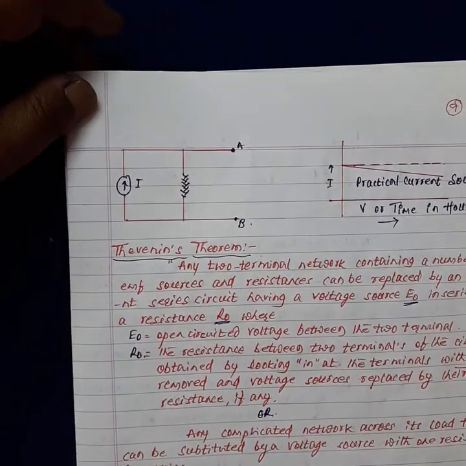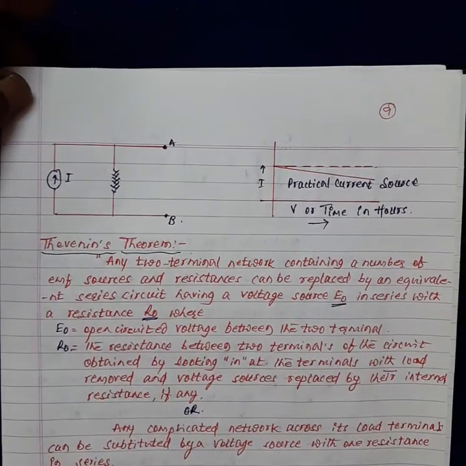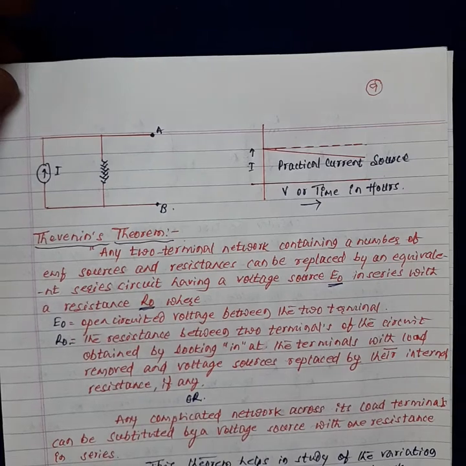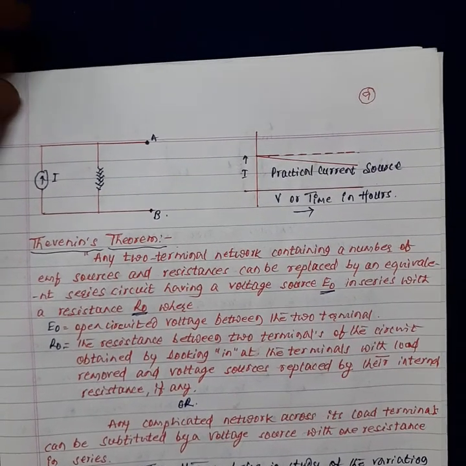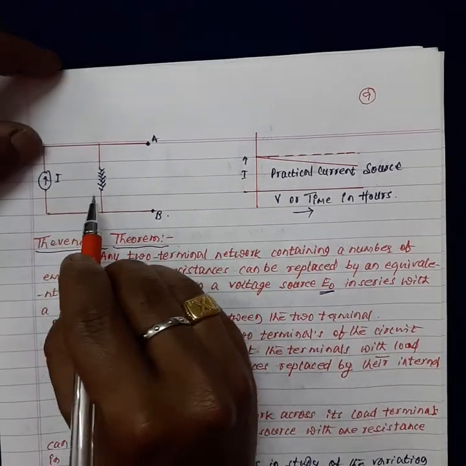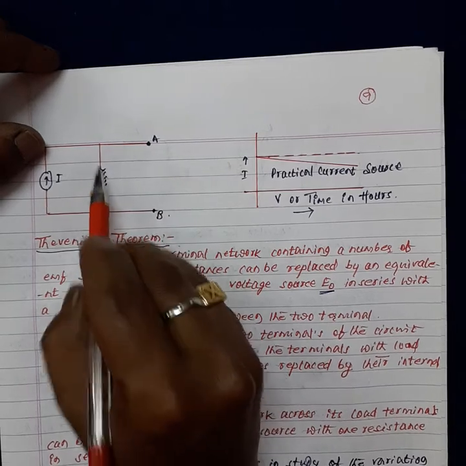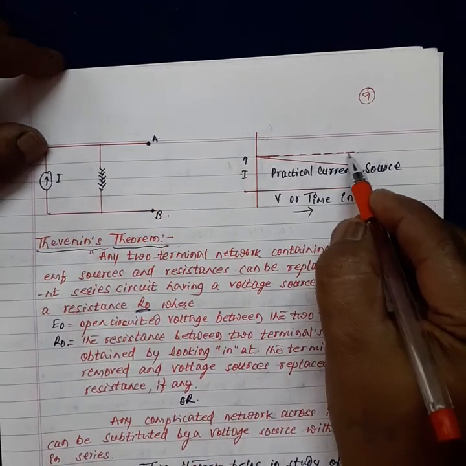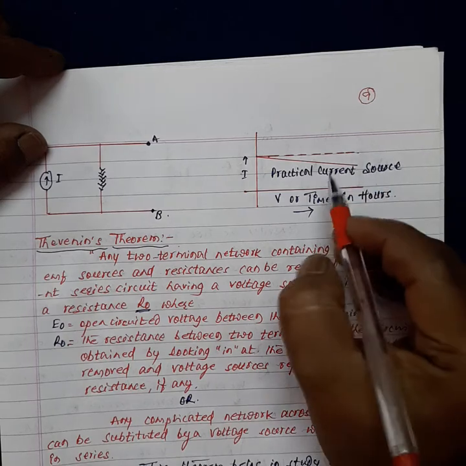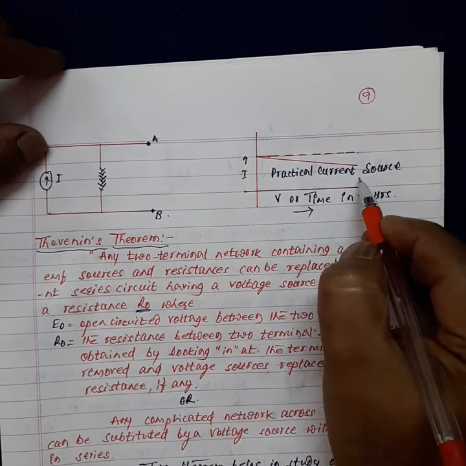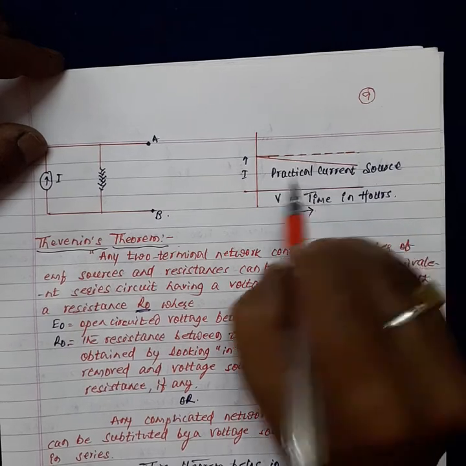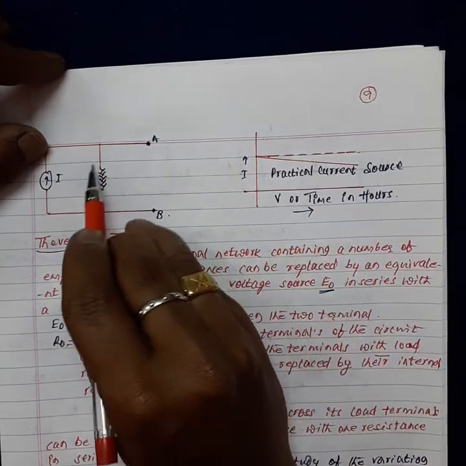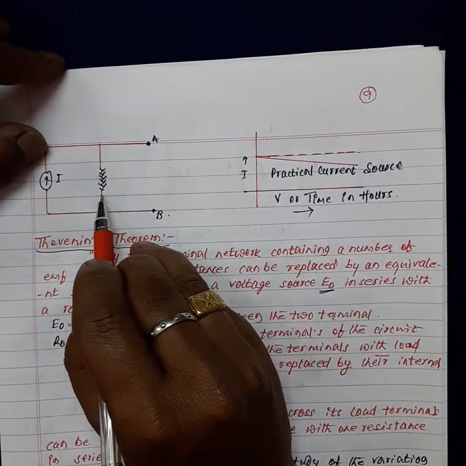You can see here a load resistance is connected in parallel to the circuit, and there is a small variation in the current source. That is because of the internal resistance we have connected across the load.